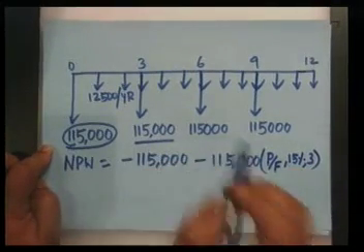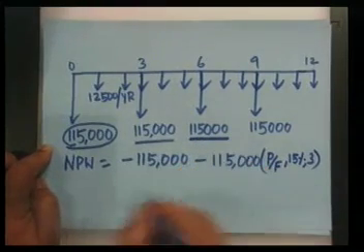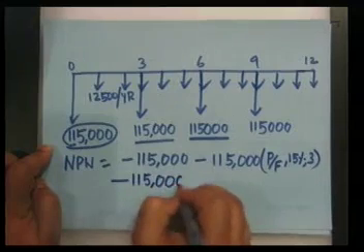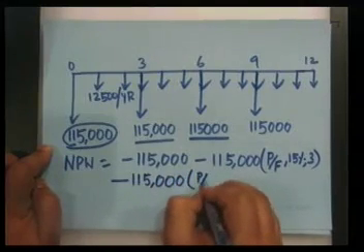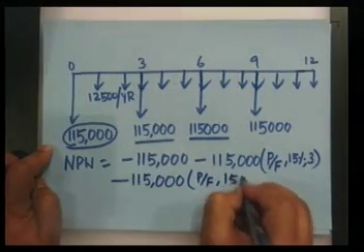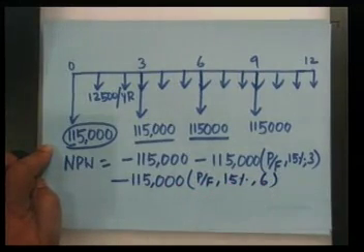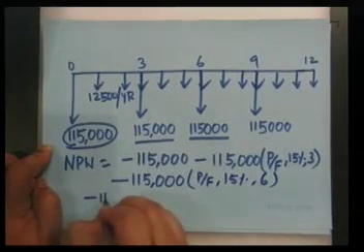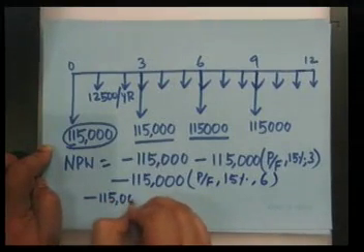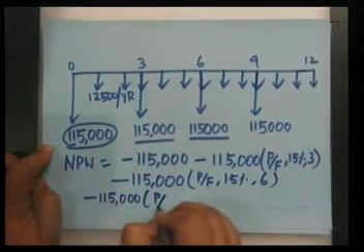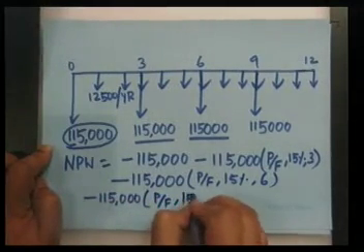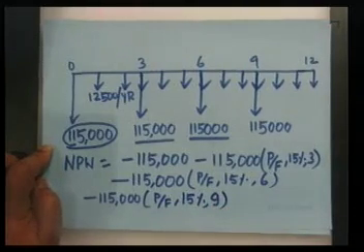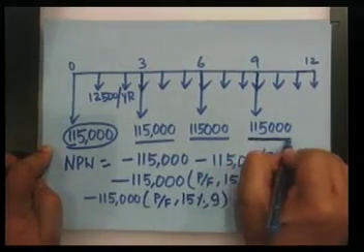Now, come to this, this would be minus 115,000 P given F, 15% for a period 6. And finally, 115,000 P given F, 15%, 9. So, we have taken care of this also.